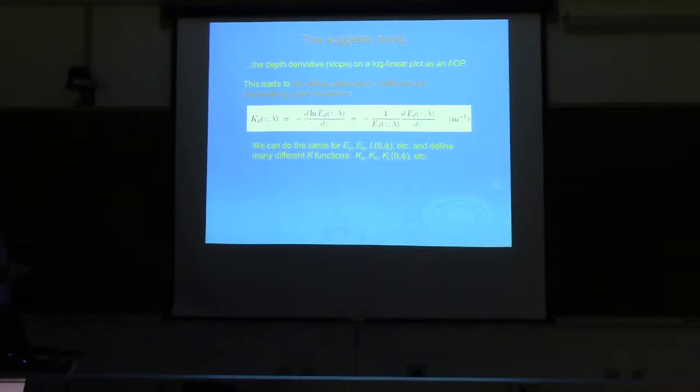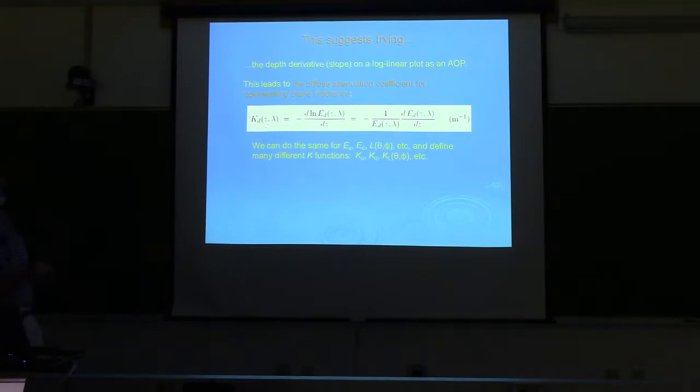this of course is just the derivative of the log of ED. So sometimes you'll see that KD is the log derivative of ED. And really what we're saying is when we normalize this, if the sun goes behind the cloud, ED will change by a factor of 10, but that factor of 10 will cancel out between here and here. And so we're really just looking at the slope of the curve.